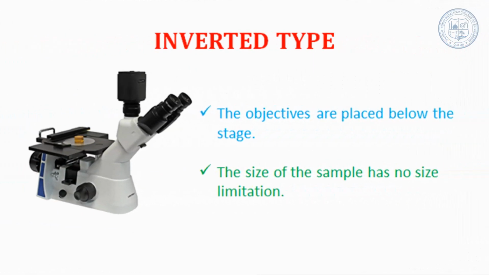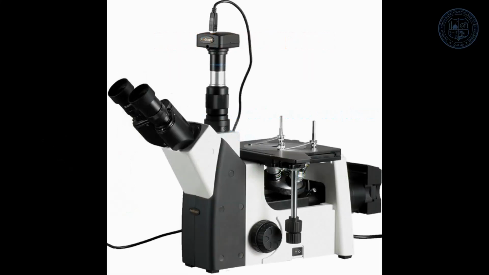On the other hand, in the inverted microscopes, the objectives are placed below the stage. So if you work with big and heavy samples, inverted microscopes provide you the freedom you need. Inverted metallurgical microscope has the objective under the stage, which allows viewing the specimens at varying sizes. We use an inverted metallurgical microscope in our lab.